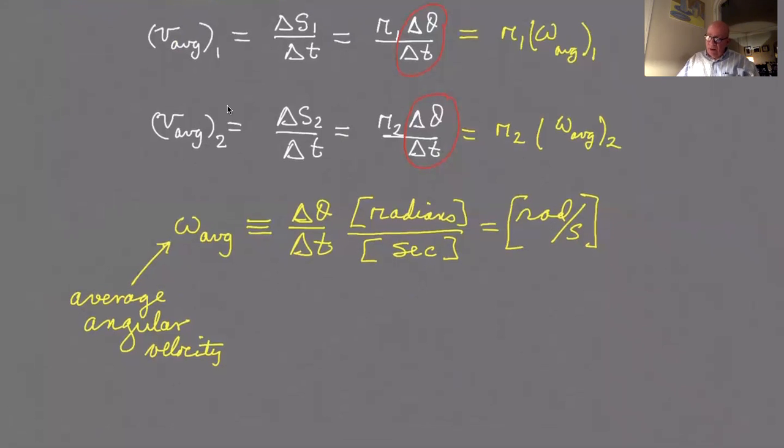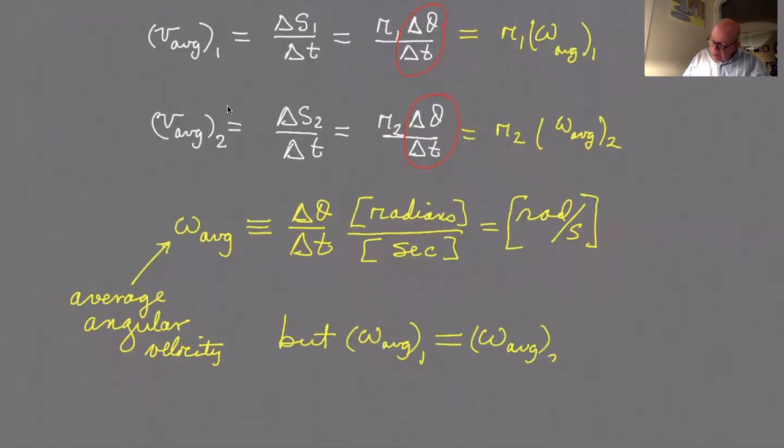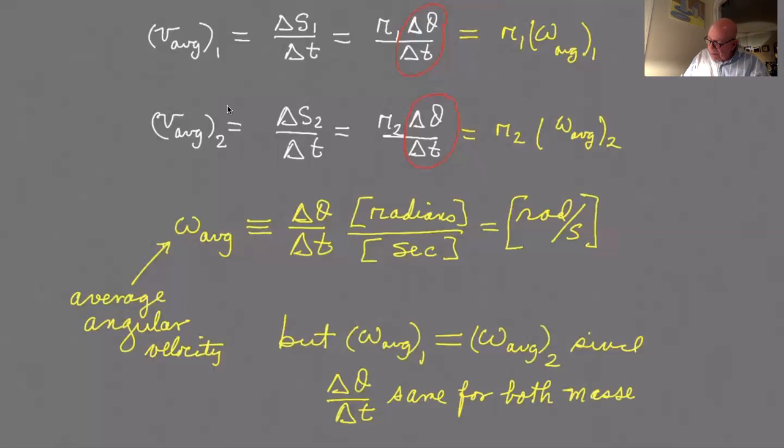But omega average for 1 is equal to omega average for 2, since delta theta over delta time is the same for both masses, okay?